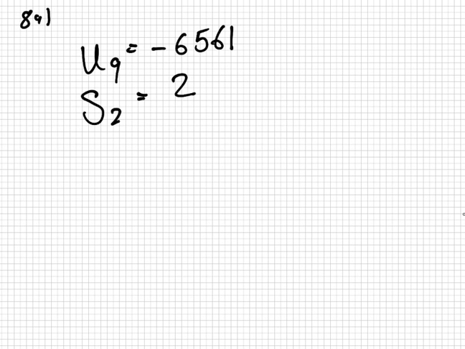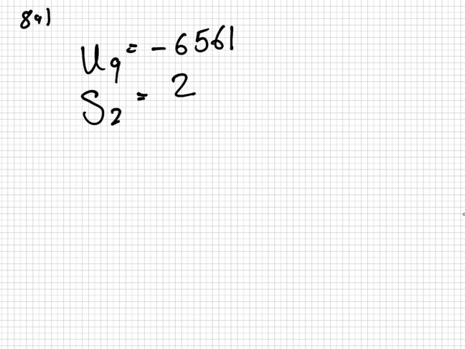I tell you, the 9th term is minus 6561, and the sum of the first 2 terms is 2. And it's geometric again, of course. So we want to find the a and the r.